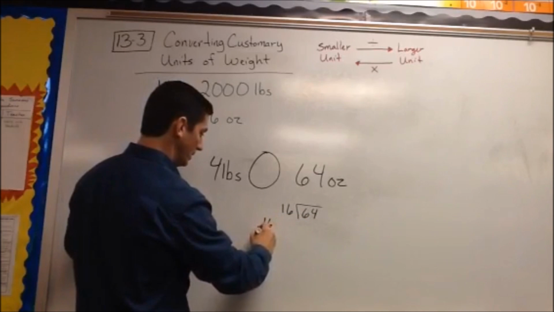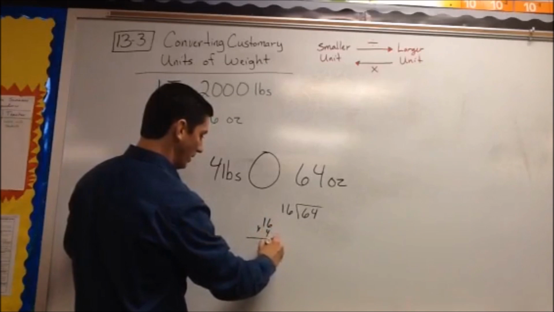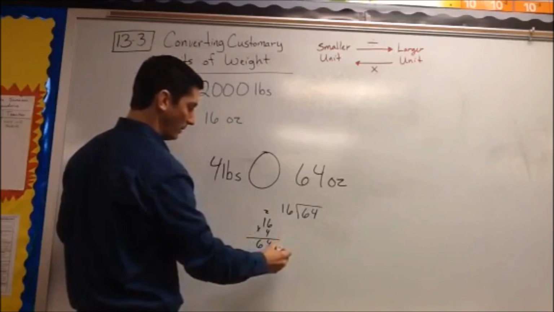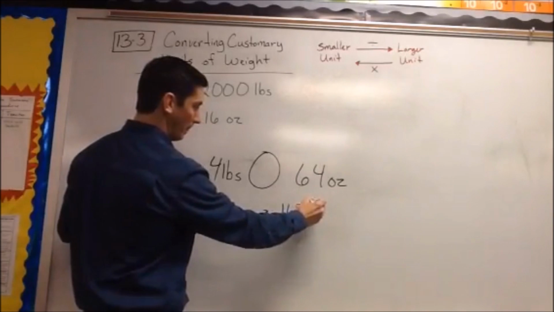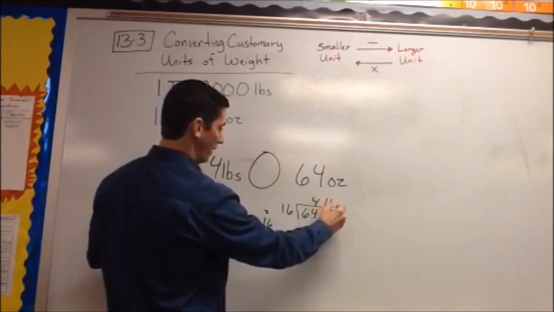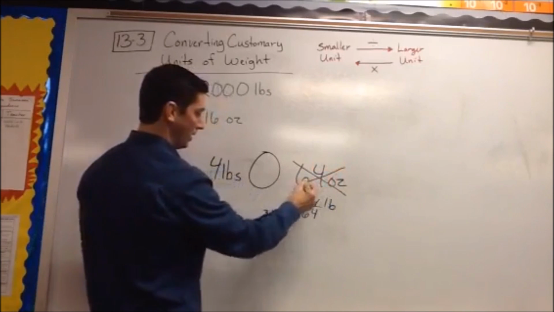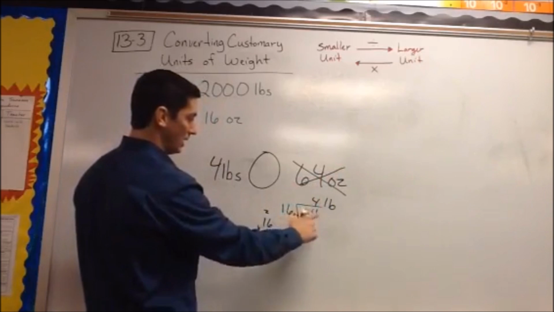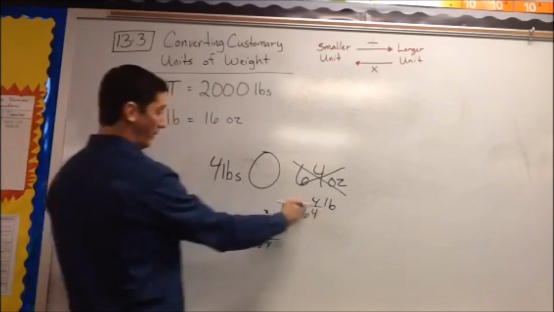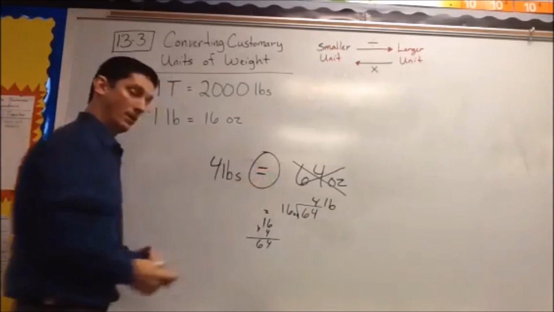So let's try off to the side. 16 times 4 is 24, carry the 2, 4, 5, 6. 64. Awesome. So that means there are 4 pounds. We just converted ounces to 4 pounds. We're comparing 4 pounds to 4 pounds. There's our inequality.